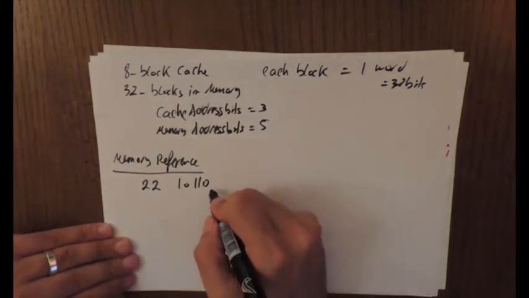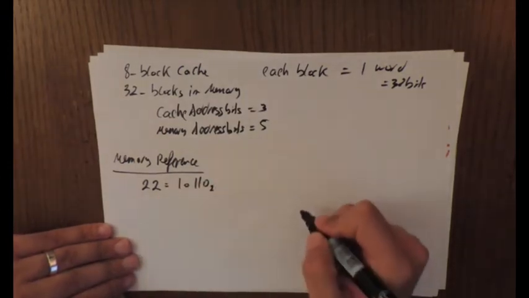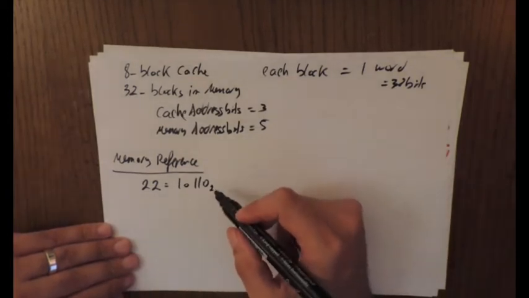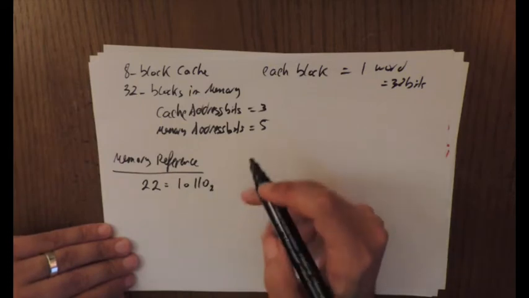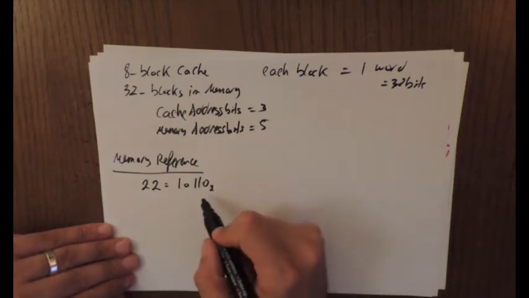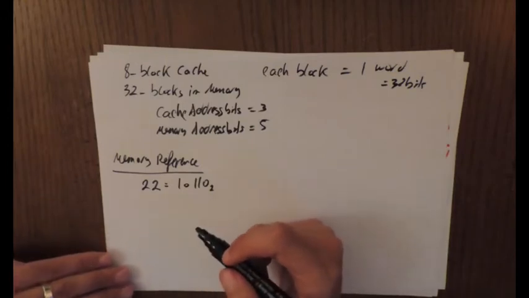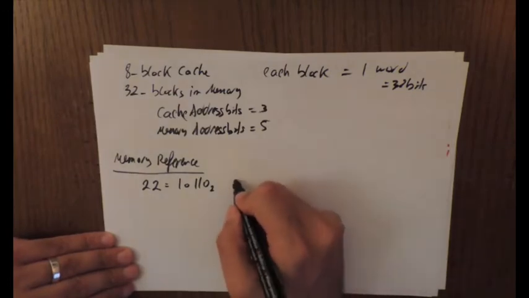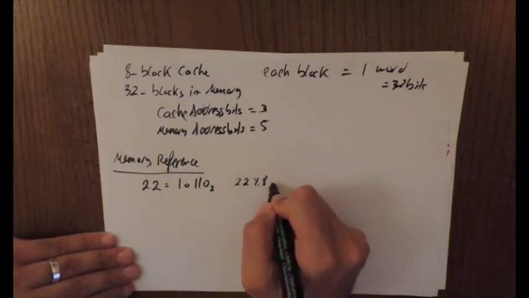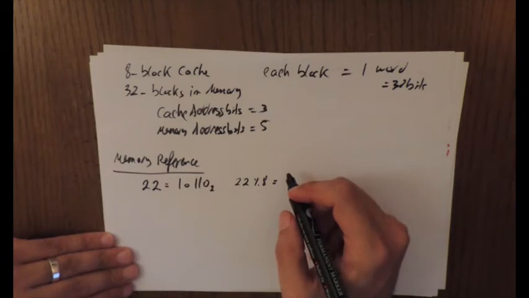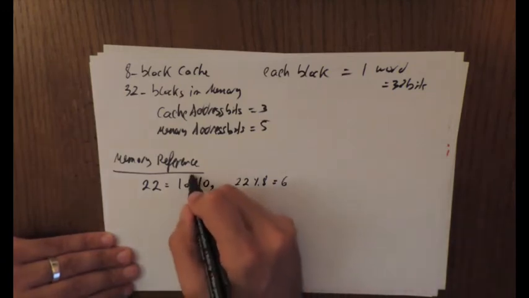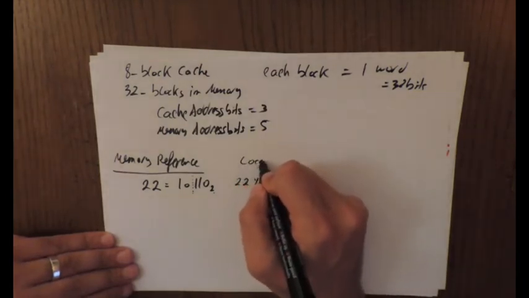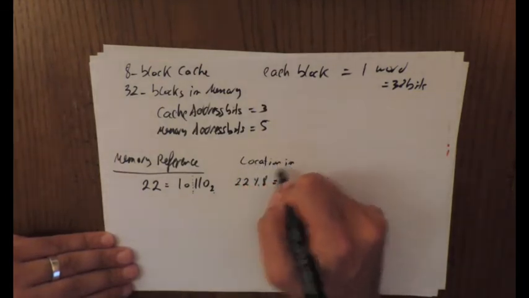Okay, so now directly I can say which location this address maps to. Now it's easy to do it on 5 bits, but if you have 32 bits, you need a calculator to do them. So actually we have 22 modulo 8, which is equal to 6, and this is evident here. We have just 6. This is the location in cache.